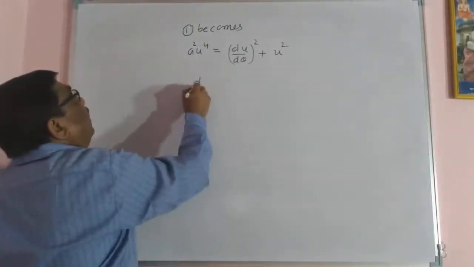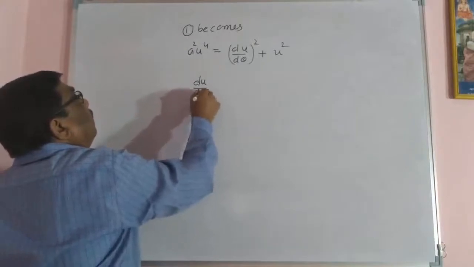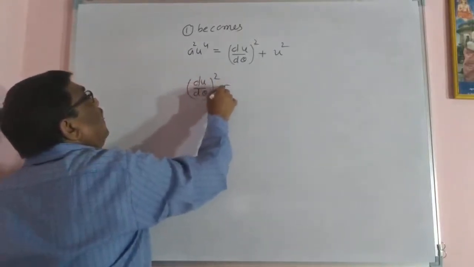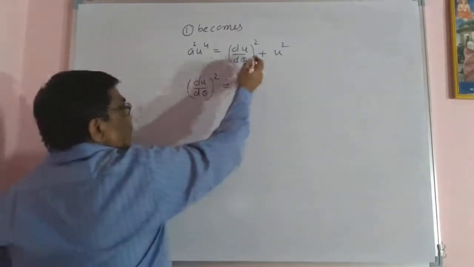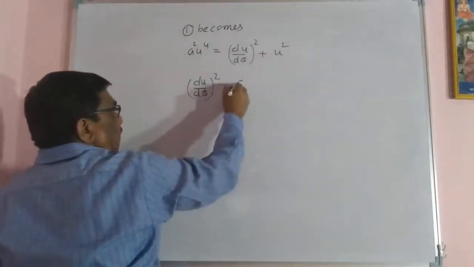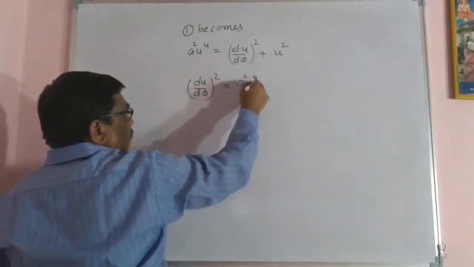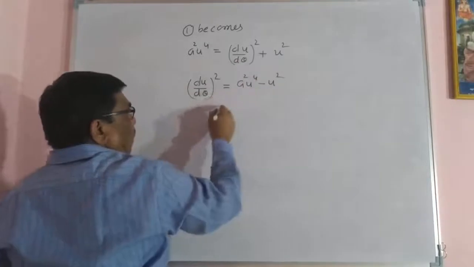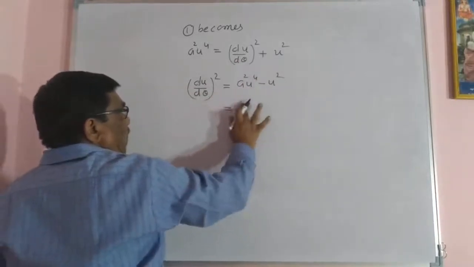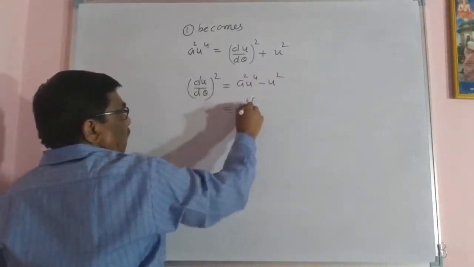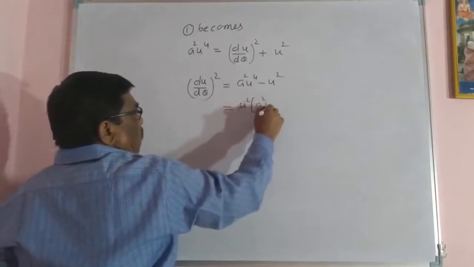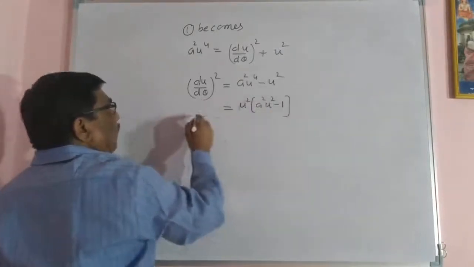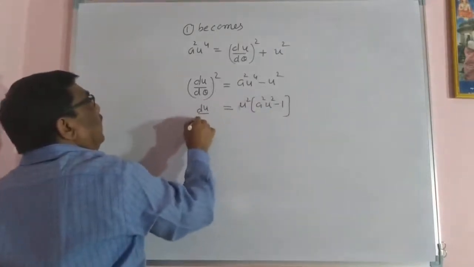(du by d theta) whole square is equal to, you are taking u square this side, a square u raised to 4 minus u square. A square is common, u square is common: a square u square minus 1, it is (du by d theta) whole square.